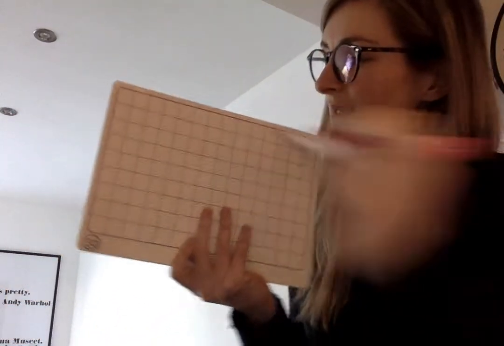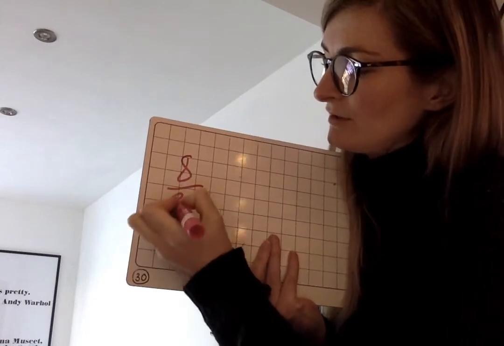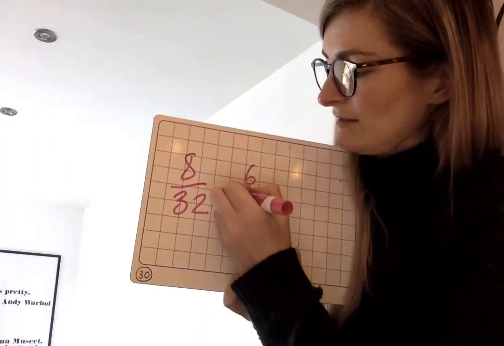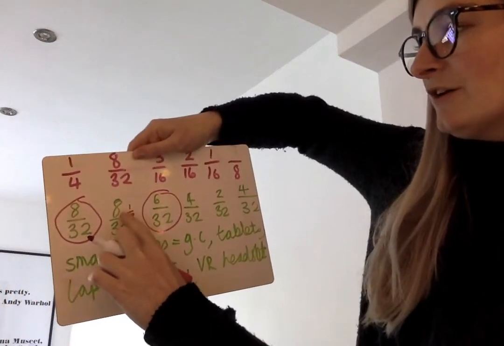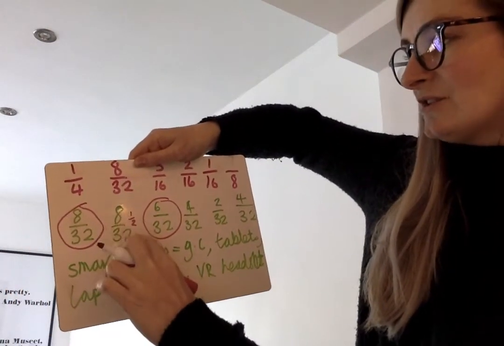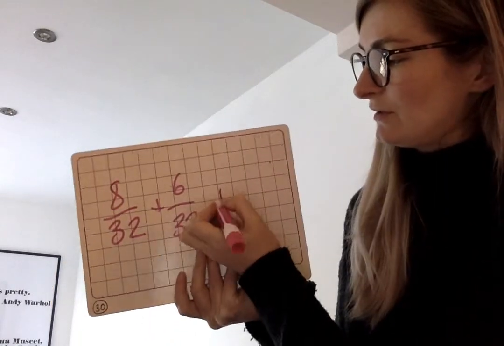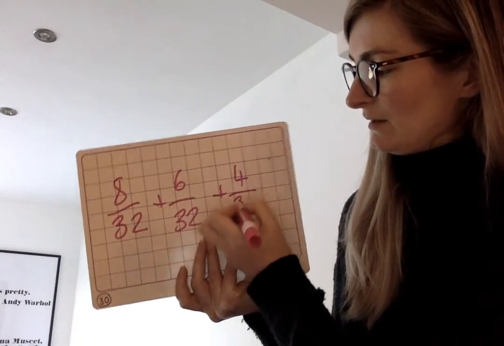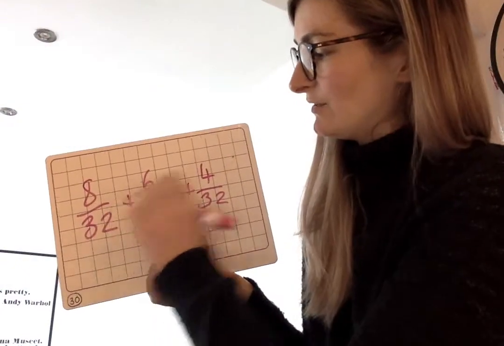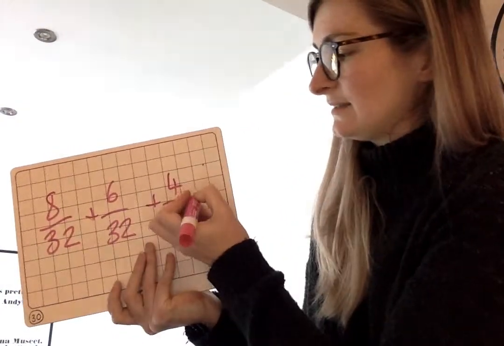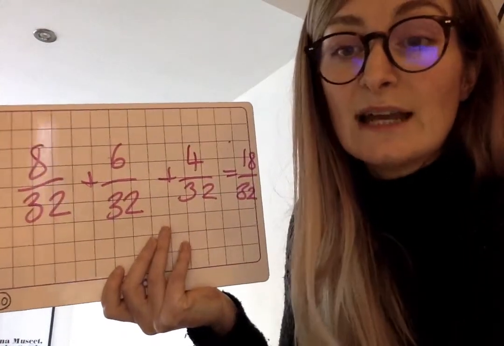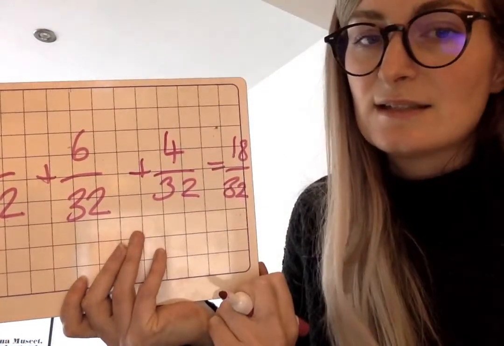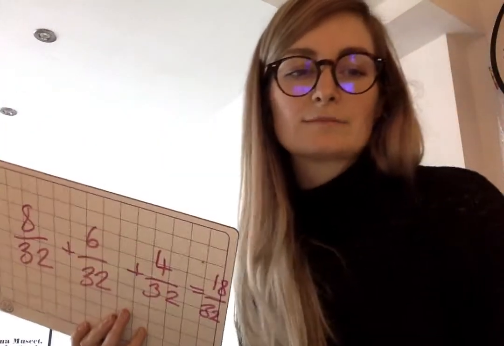I should have brought some more whiteboards home with me. 8/32s, add 6/32s, and this half of this one, we half the numerator, so half of 8/32s is 4/32s. And then we can add them all together. I know 6 add 4 is 10, add 8 is 18/32s. Can you simplify that? Yes, you can. But the answer is 18/32s for the second one.